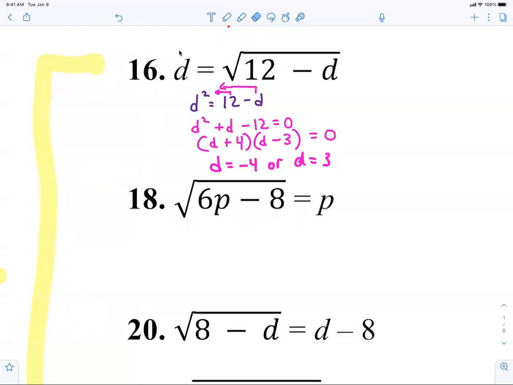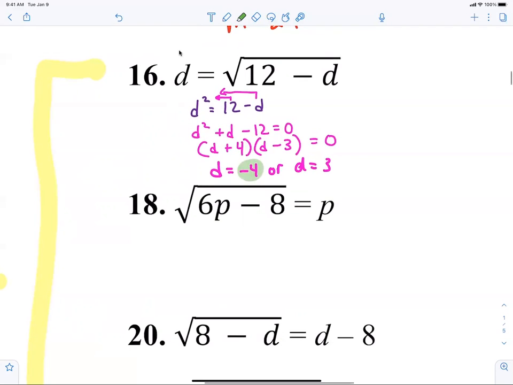Now look, now we have some problems. I want everybody to highlight the -4 down here. If I plug in -4 for d, can a square root equal a negative?